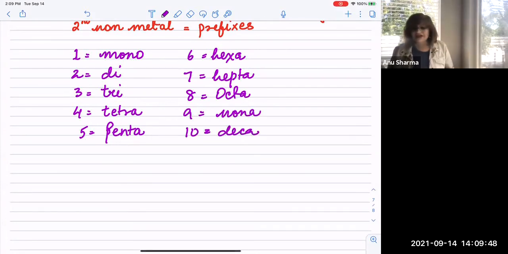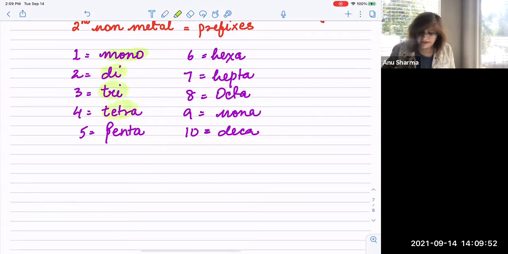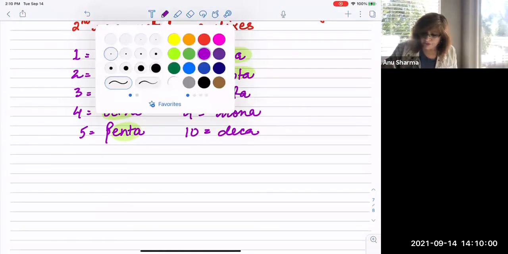Generally, for your course, mono, di, tri, tetra, penta, hexa, maybe hepta can be used, but we're not looking at very complex molecules for this course.